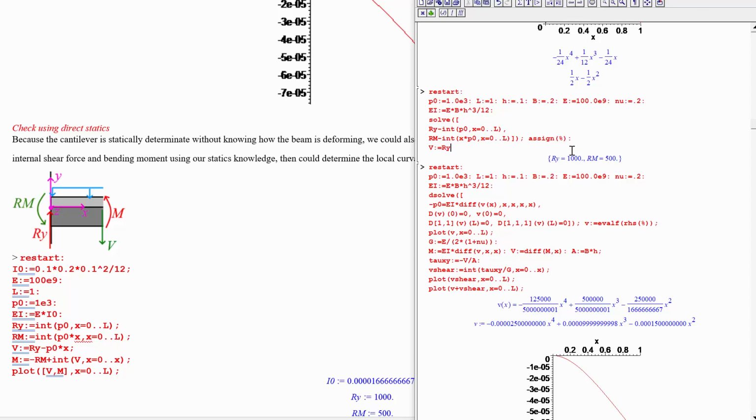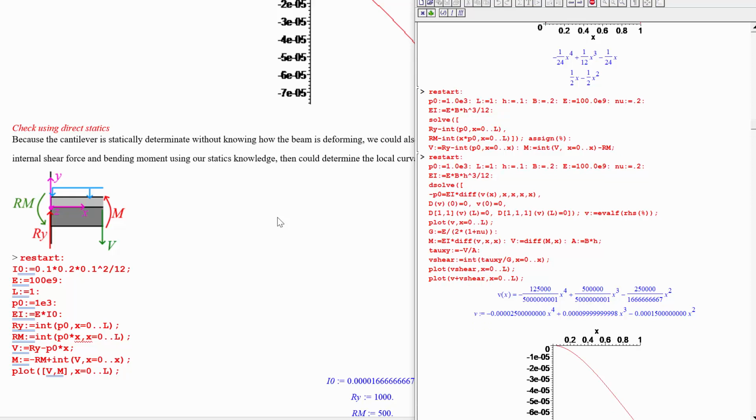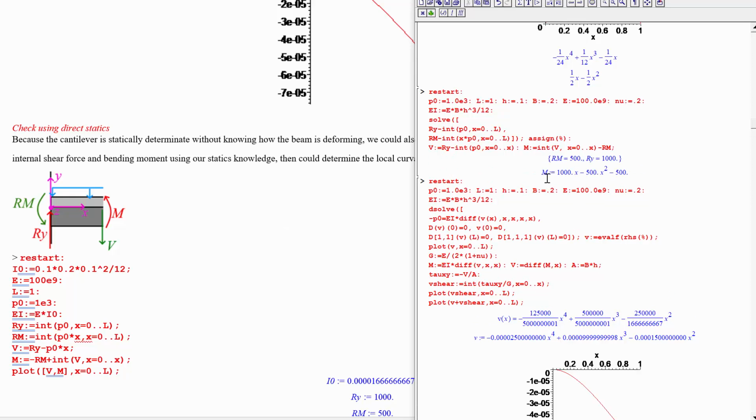So the shear force would be Ry minus the integral of P naught from X is 0 to X. And then we could figure out what M is by saying that it's the integral of V from X is 0 to X, except that M is going to have to also consider what Rm is. So we're going to subtract off Rm when we consider that thing.